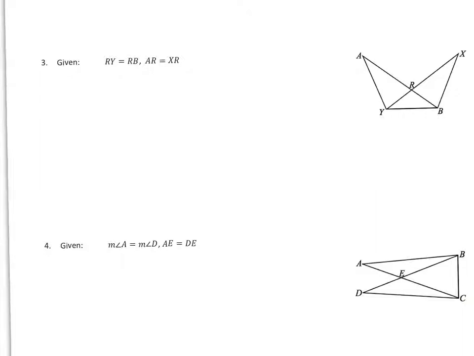Okay, number 3 says given RY is equal to RB, AR is equal to XR. So let's mark those on this picture. Let's see, we have RY is this little side right here, and then RB is this other side here. And then I have AR, which is the bigger side right here, and XR, which is right here. Okay, so let's look at the picture.